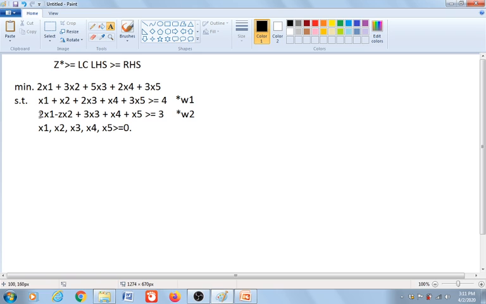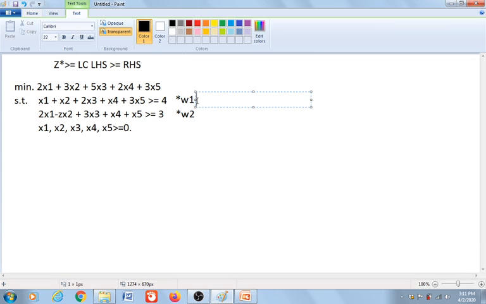See the second constraint, the left hand side is bigger than or equal to the right hand side, so it also follows the weak duality theorem. In order to make this statement not change, w1 must be positive and w2 must be positive.